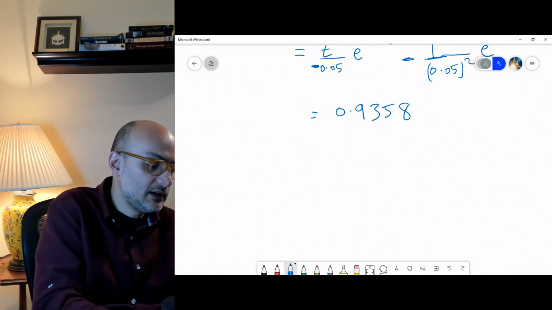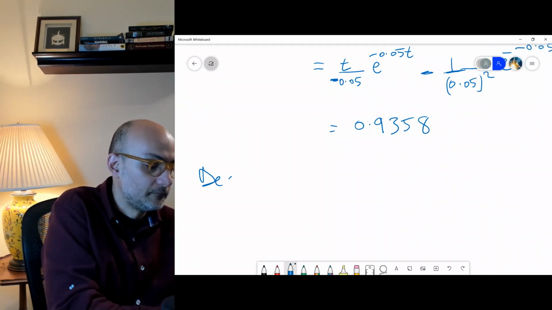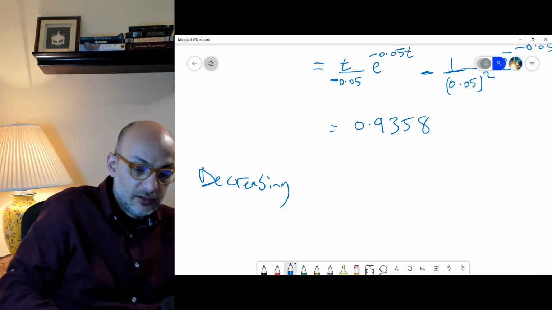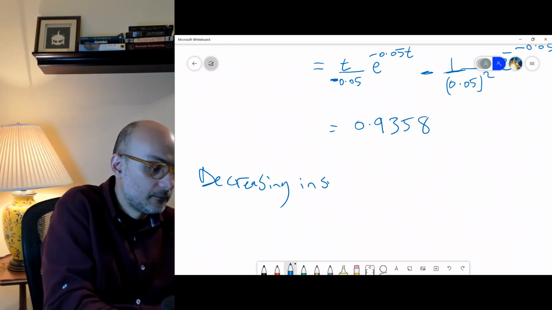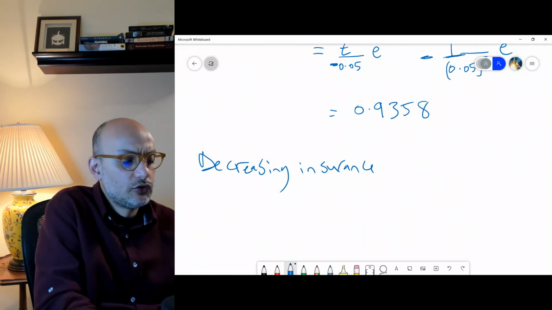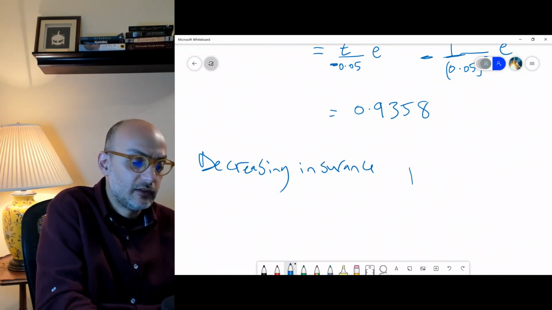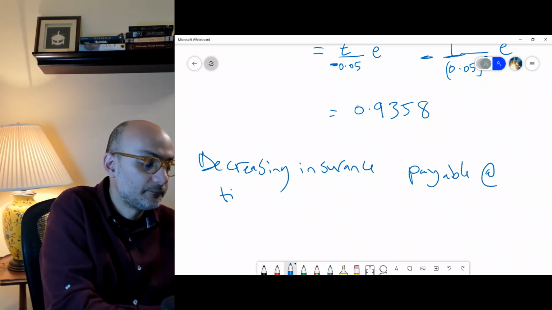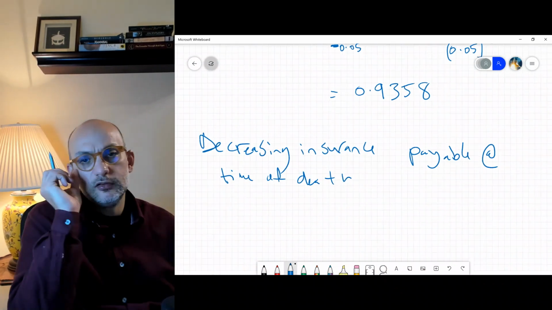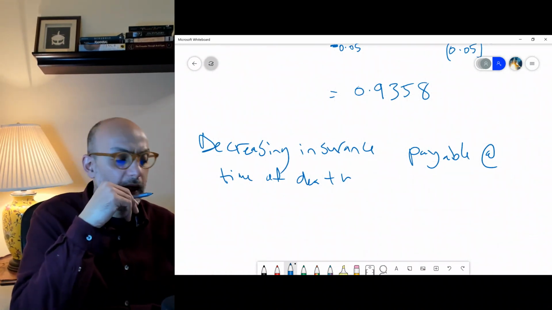Let's look at the decreasing function now. Decreasing insurance, and we'll go with the continuous case as we said, payable at time of death. But because it's decreasing insurance, there is a little problem here.